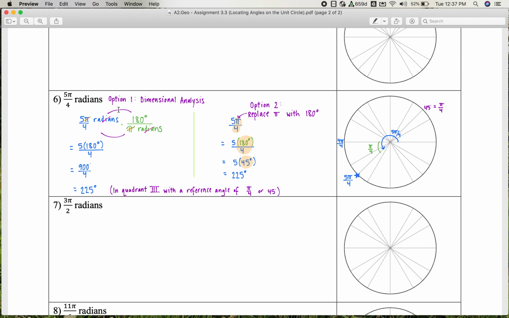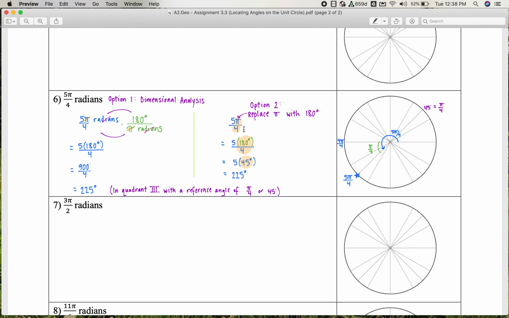Another way to think about 5 pi over 4 radians, and this might be a shortcut, is to just think about how pi in radians is 180 in degrees. So why not just take that pi out of the problem and replace it with 180 degrees? Now what used to be in radians is now in degrees. I could do the math the same as in the previous example, 5 times 180 and then divide by 4. But let's think about this a little differently. I'm going to go back to this highlighted part here.